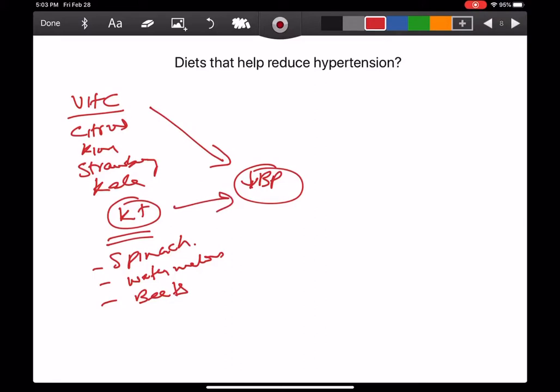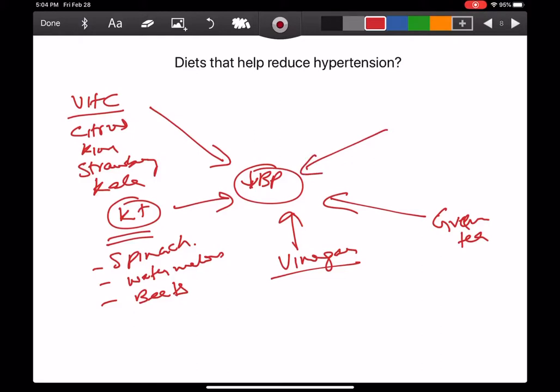Drinking vinegar has also proved to decrease your blood pressure. All kinds of vinegars decrease your blood pressure within hours. The next category is green tea, followed by eating plant-based diets.